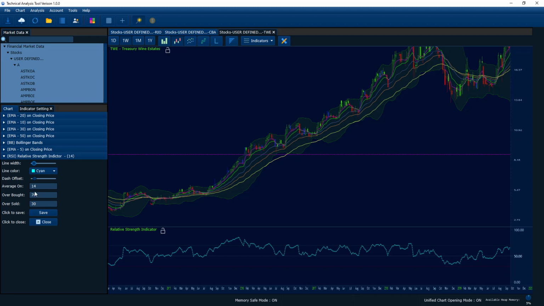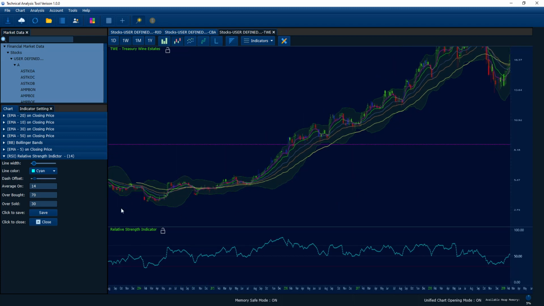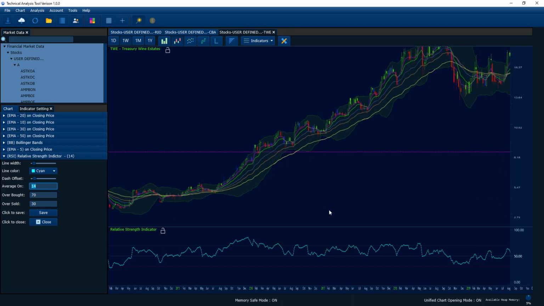The average length is the calculation parameter that you use to calculate the RSI. Usually 14 is the default, which means we are using the 14 period average gain or loss to calculate the RSI. The very important thing is the overbought condition. 70 is the default number, but it depends on the security.